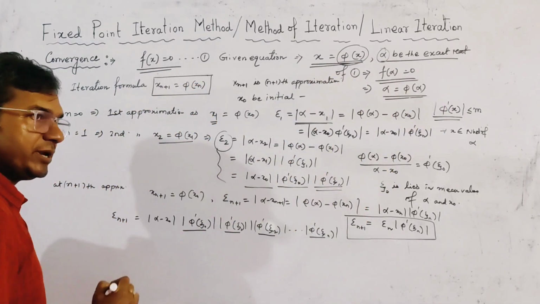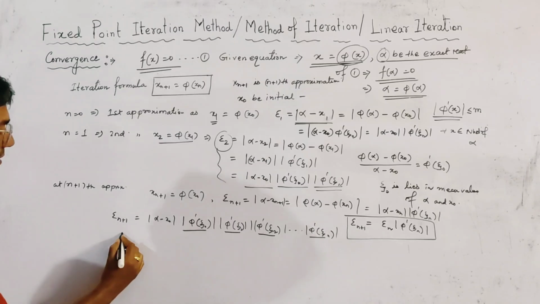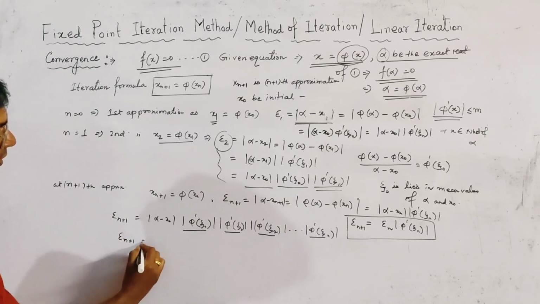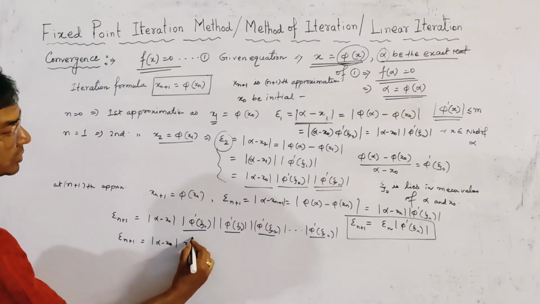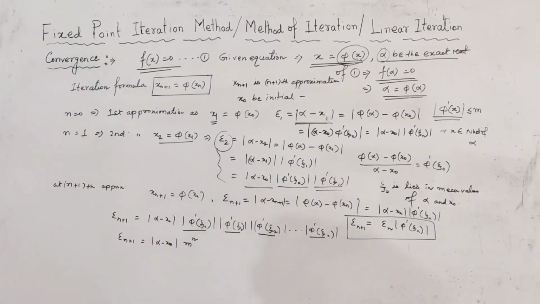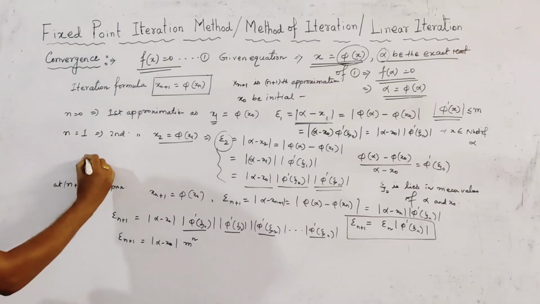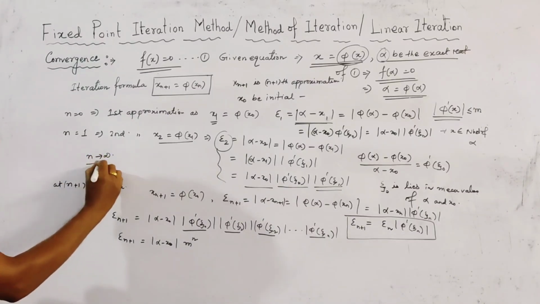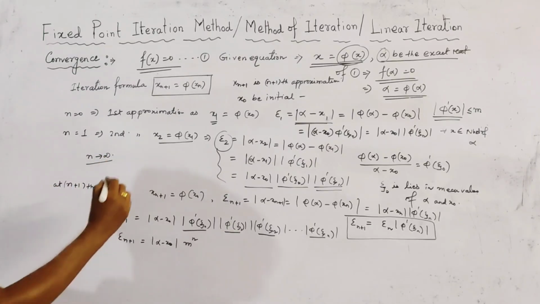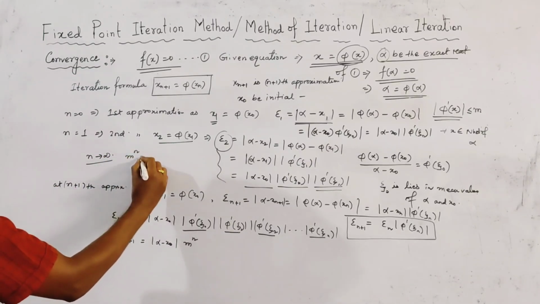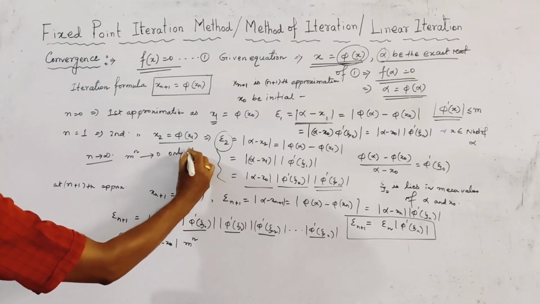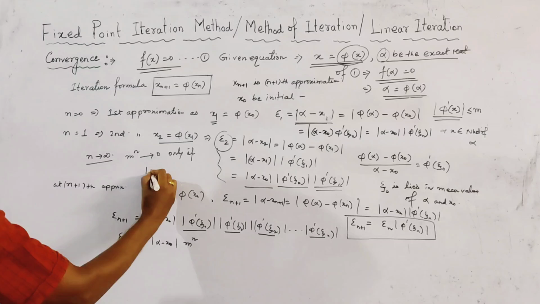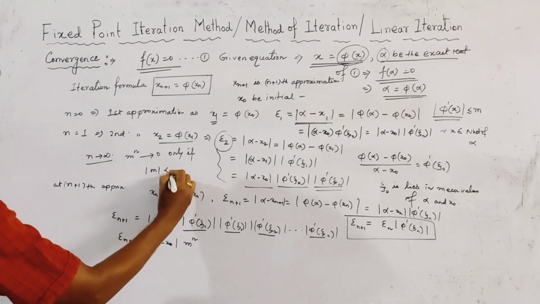So there are n derivatives, and we can write the relation as epsilon_{n+1} equal to mod of alpha minus x_0 into m to the power n. Now we know that when n tends to infinity, m to the power n tends to 0 only if mod of m is less than 1.